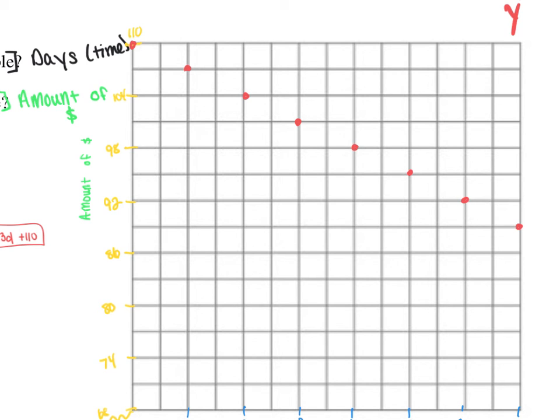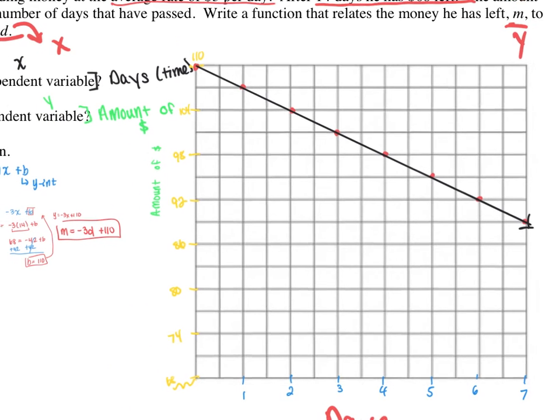And now what I'm going to do is draw a line going through those points. Let's see what we come up with. And look, we have our line. So we graphed our equation.